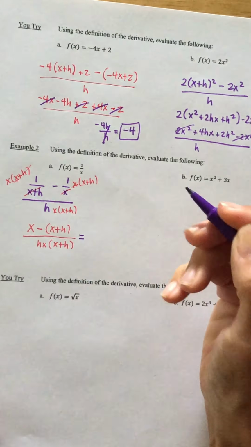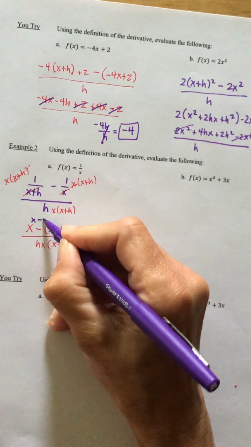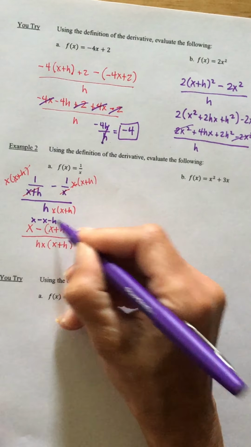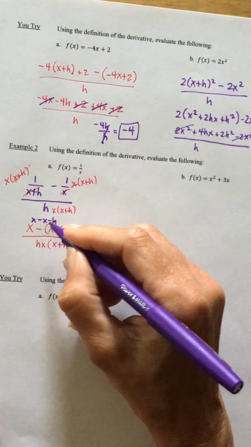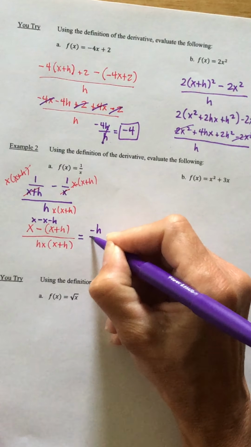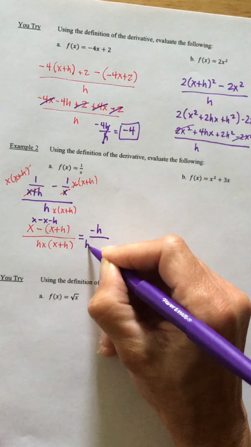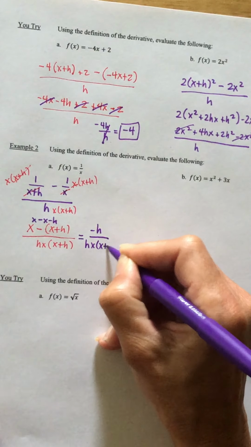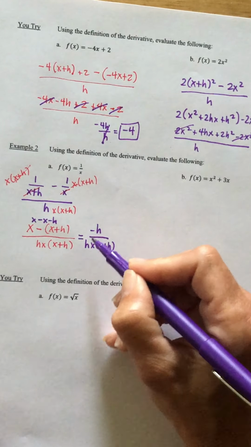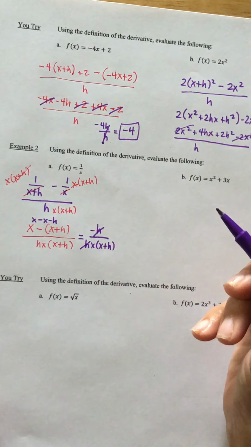All right, so when I distribute x minus h, all right, so that's going to leave me with the x's cancel, a negative h on top. All right, and I have an hx times x plus h on the bottom. All right, so what happens is these h's are going to cancel.